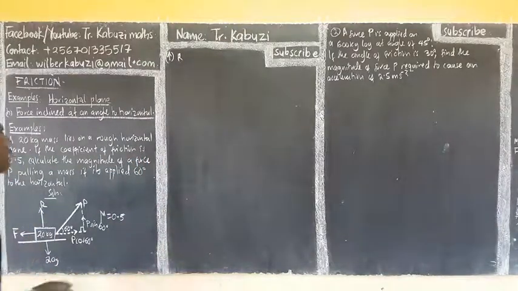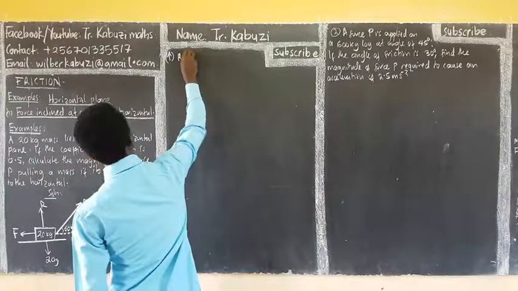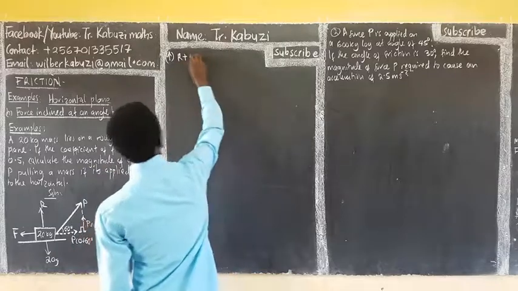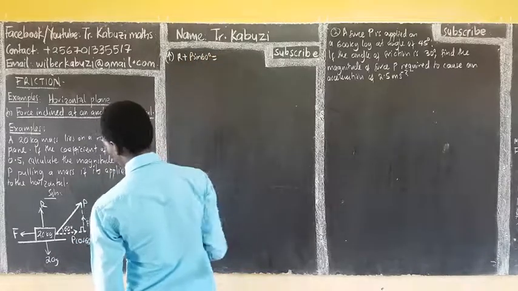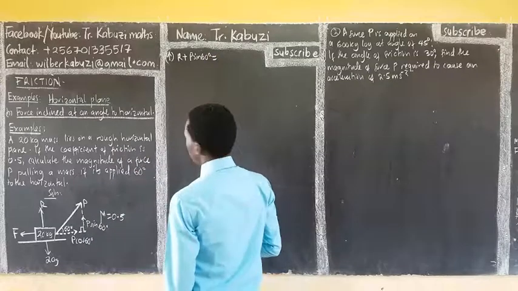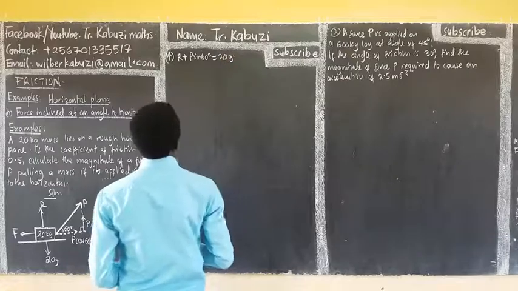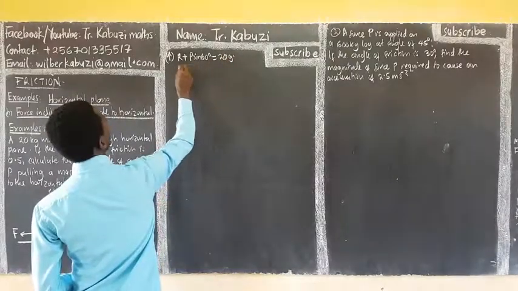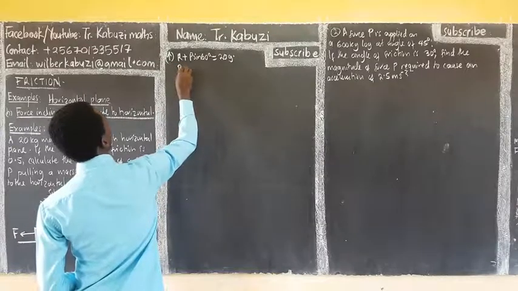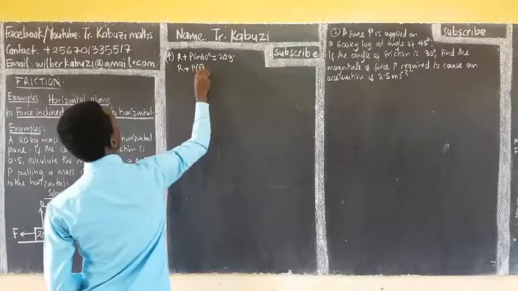Then plus, remember this force is also going upwards, P sin 60 degrees, equal to 20 g. So R plus P into root 3 over 2 equals 20 into 9.8.